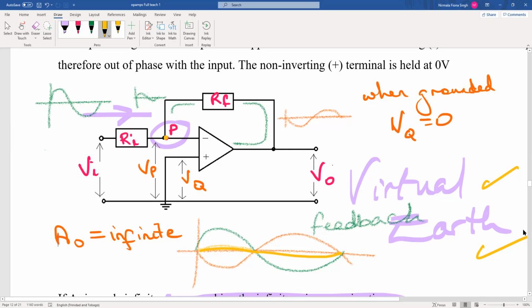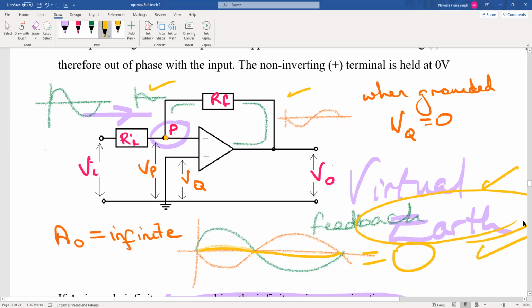There are two ways we could take this word. Virtual Earth being it's not really Earth, but it behaves like Earth, because our two signals added up together are going to give me zero at P. And by adding our two signals together and getting zero, we have created an Earth point.